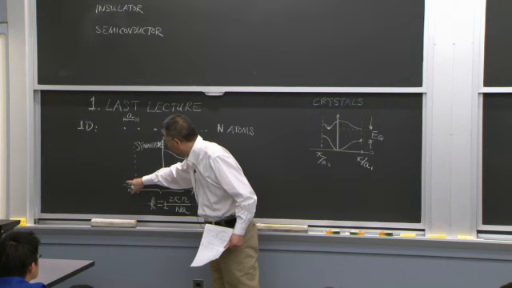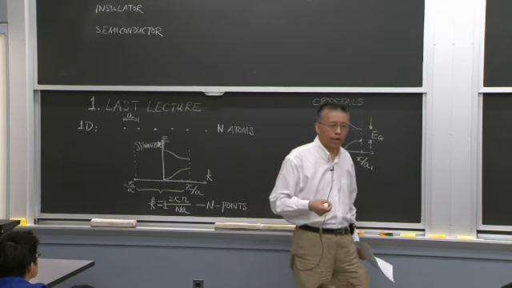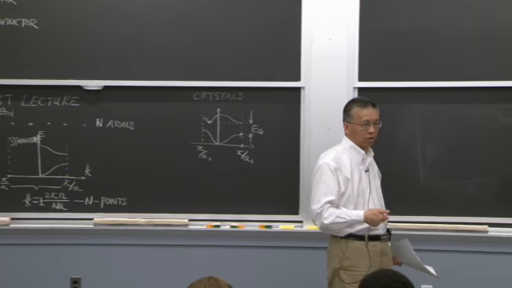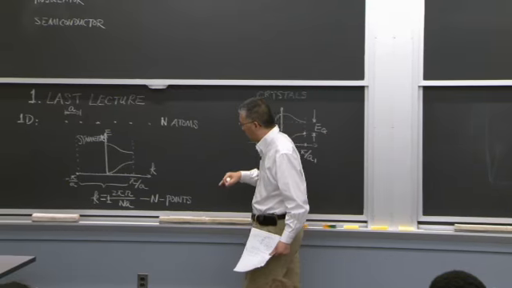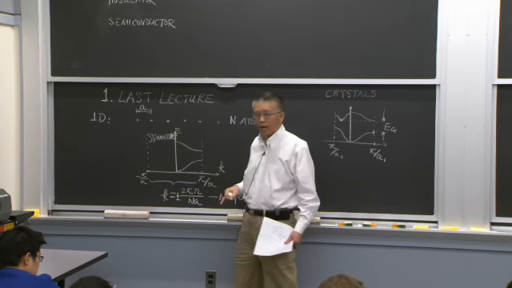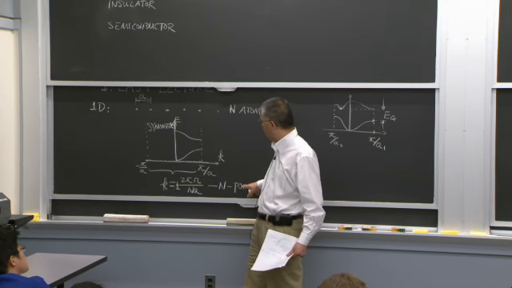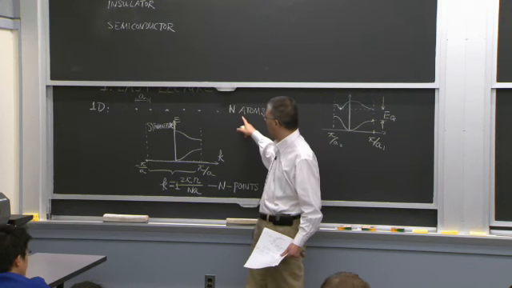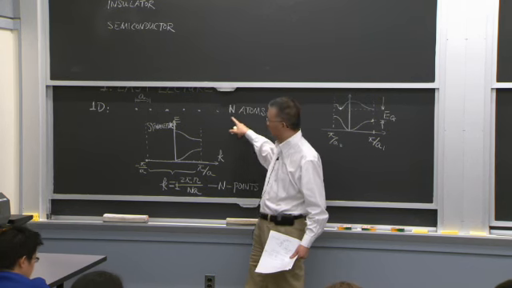In fact, I'm drawing from negative pi to plus pi, and I'll give you the rationale today why we draw this way. It's important to recognize that between minus pi over a and plus pi over a, we have a total of n points because I have n atoms in this periodic direction.